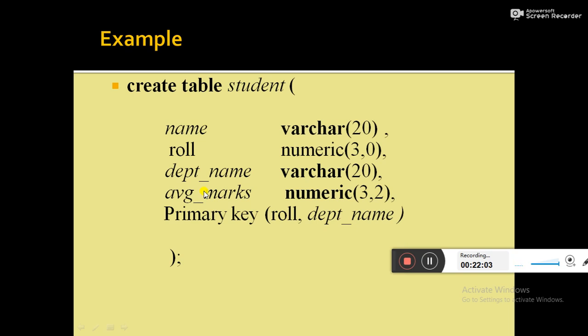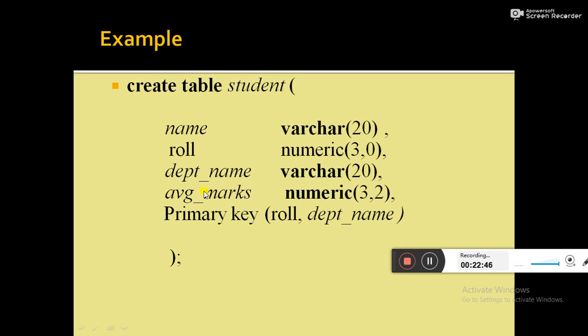For example, we are going to store all the students of CSE as well as all the students of another department, say EC, and the assumption is that the roll number is not unique across the class, but it's unique within a class. That means CSE has a roll number 1 as well as EC has roll number 1, but within a single department, CSE, more than one student should not share the same roll number. That means roll number is unique within the class but not across the class.